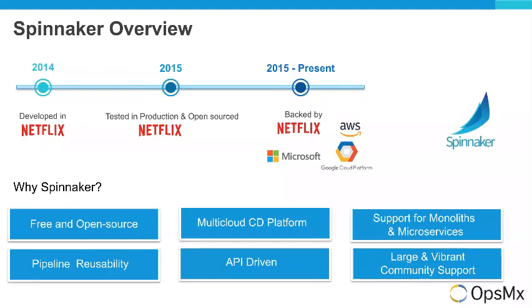Open source software is driven by a cross section of really smart people when it comes to development. And you can see as it's evolved over the years to go from something that was tailored for some of the Netflix use cases to now broadening out into a multi-cloud CD platform.